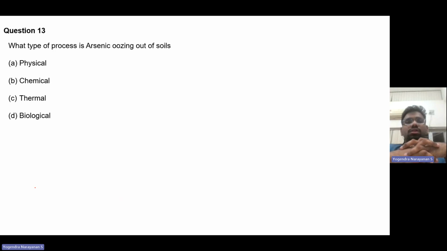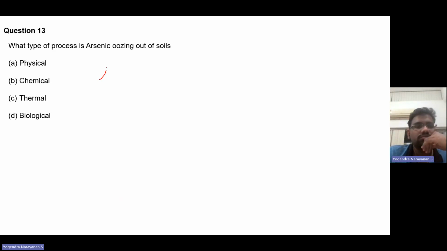Any chemical compound tends to ooze out, or tends to flow through, or tends to carry the various toxic elements along with it, which might be present in soils due to natural or artificial processes.